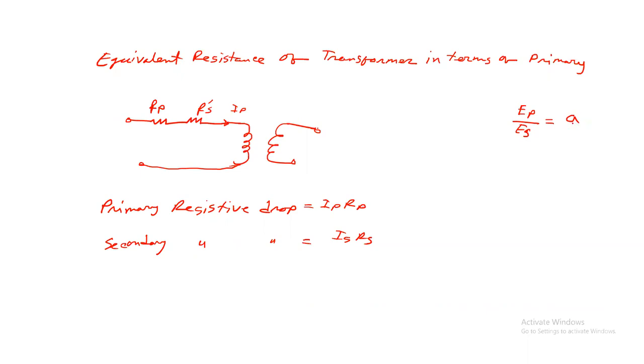A means transformation ratio, which we already covered in our previous topics. A or K, right?